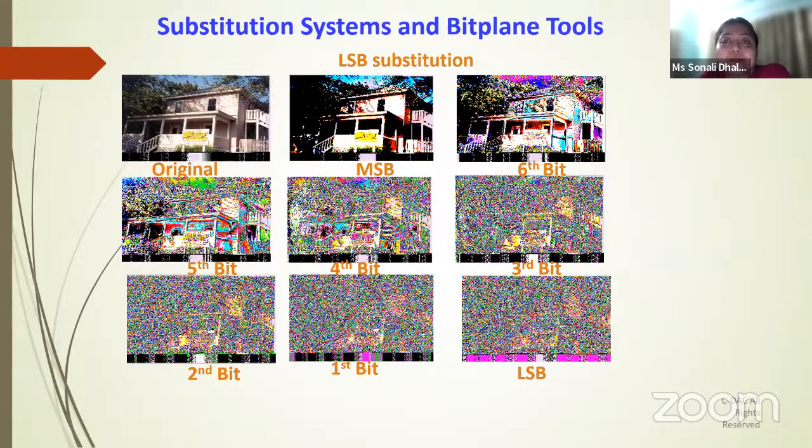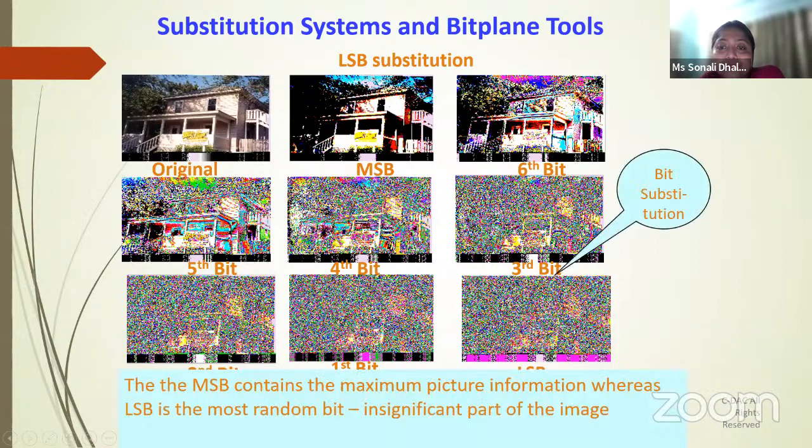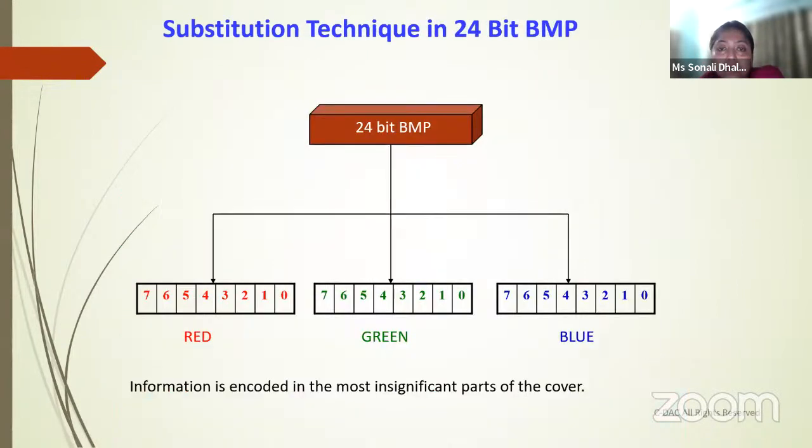Again, we can see that the LSB is the most random one, and the MSB is carrying the maximum information. Now, in a 24-bit BMP, there are 3 different channels: red, green, and blue.